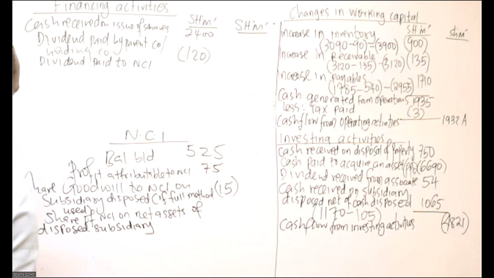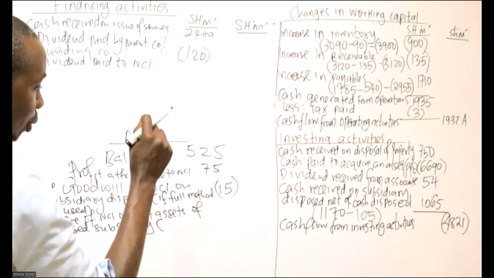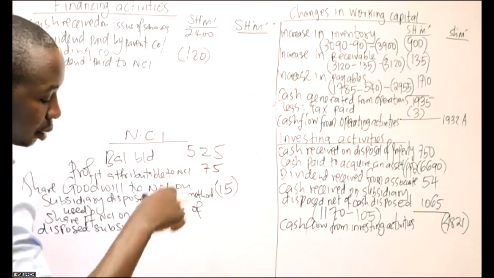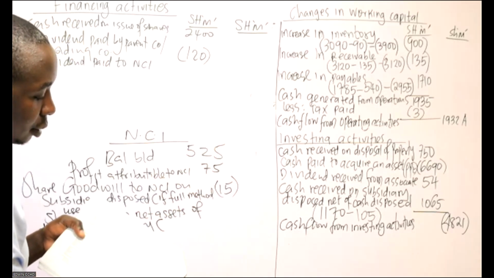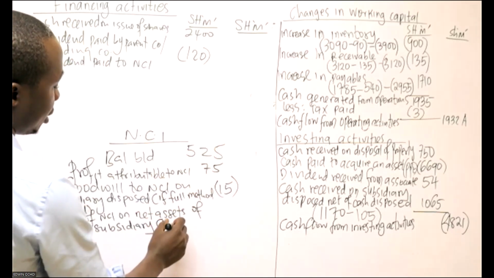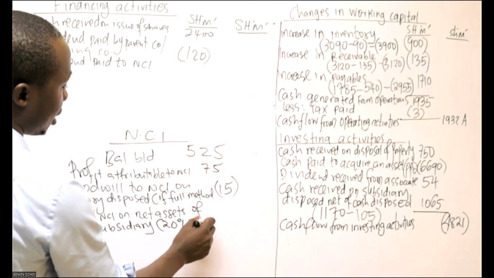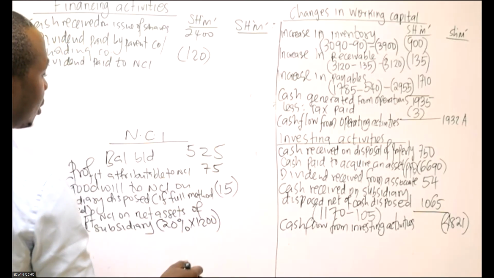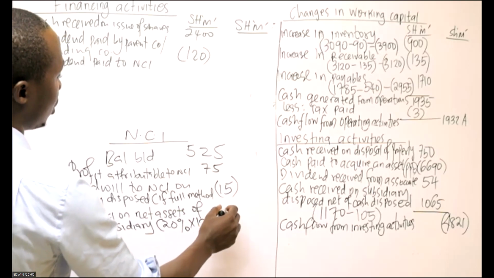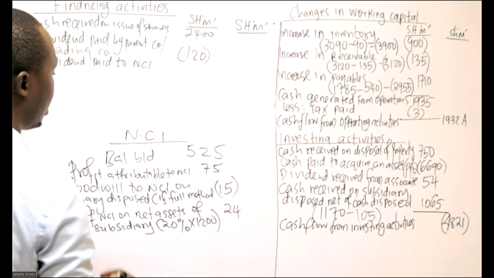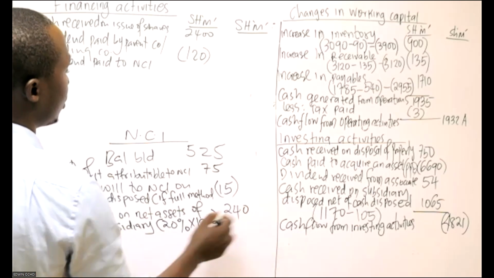Remember, in that note 3, the net assets were totaling 1,200 of the disposed subsidiary, the one given directly there. So there's 20%, which is supposed to be attributable to the NCI. So this is 24. 24 to 40. To 40, yeah?